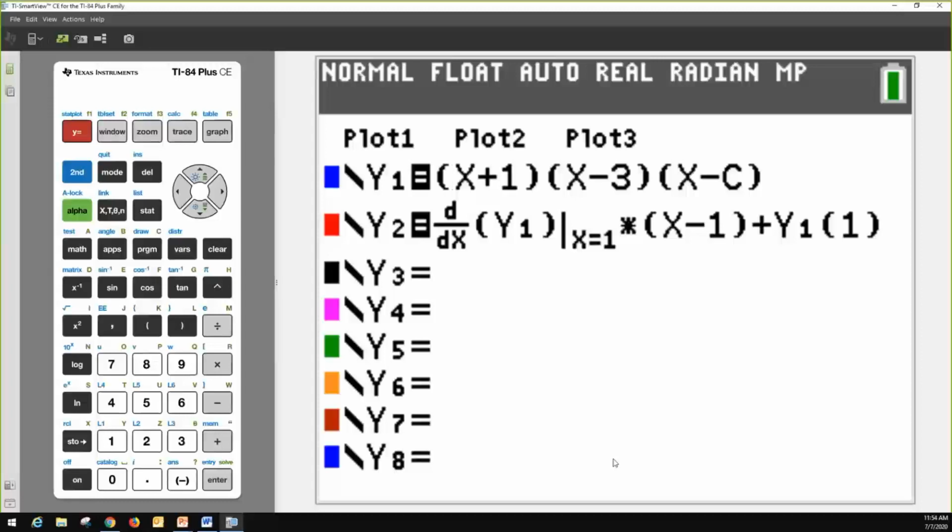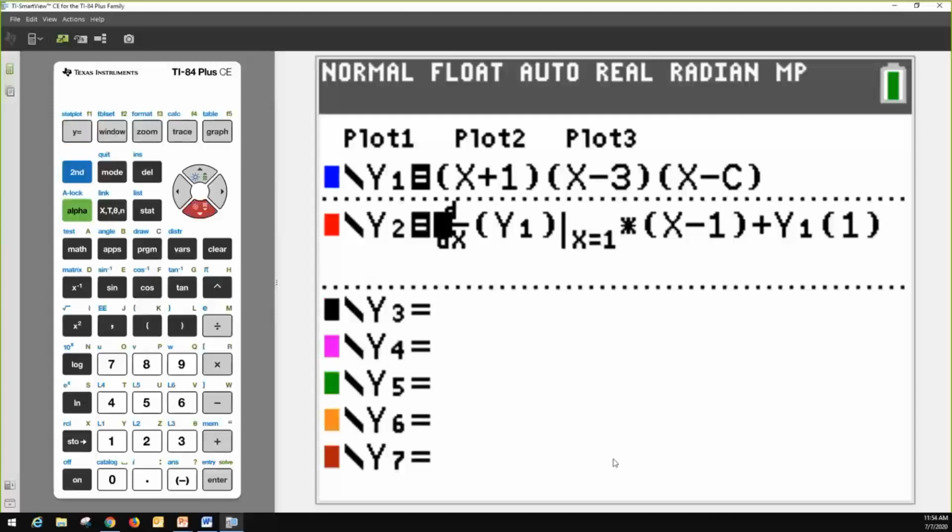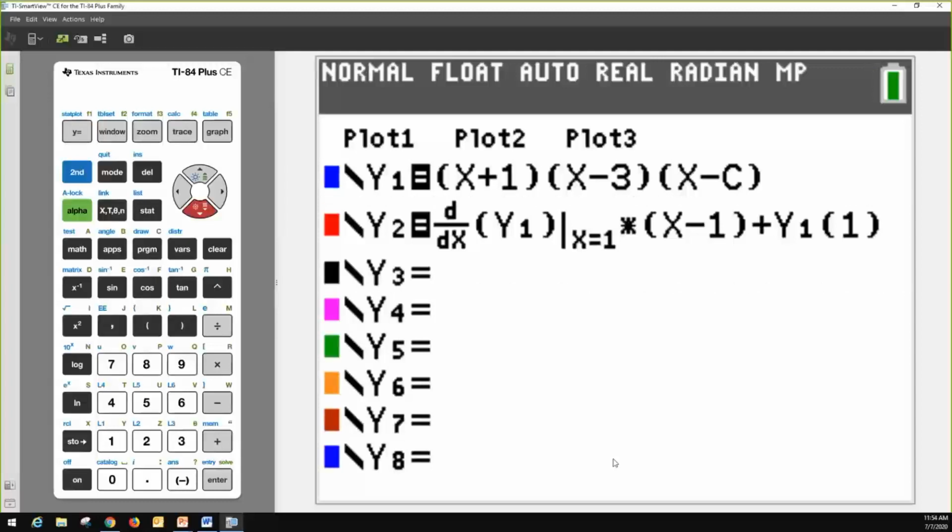You recall in my by hand solution, I said that it's the translational form of a straight line. So the first part in my y2 is this derivative, the derivative of my original function when x equals 1. Go back to the by hand solution and you'll see that that's our value for m. Then the translational form of our straight line or our tangent, I know it crosses the function when x equals 1, so it's x minus 1 plus y1 of 1. So that will be the tangent.